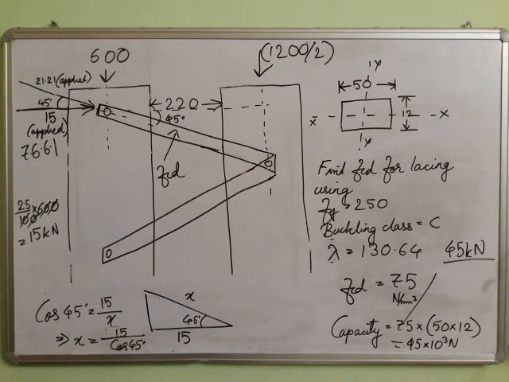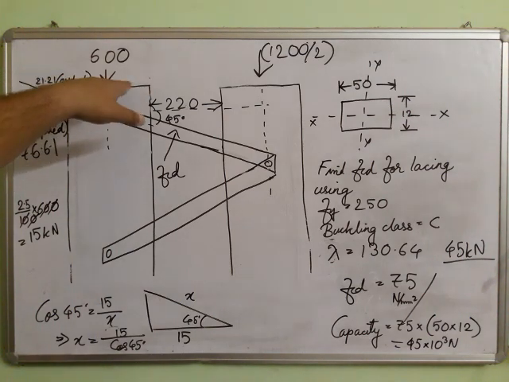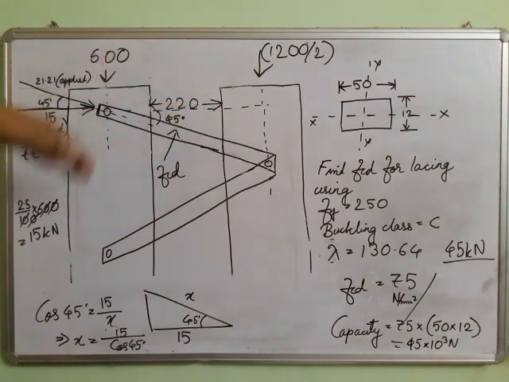So we are almost 90% through the problem. Just a little bit of a step is remaining. I don't have much time today, so I will not be able to continue further. We have checked the lacing in compression and it is safe, and then we will also be checking the lacing in tension. Suppose the load reverses its direction, we have to take into account the reversal of direction of load.